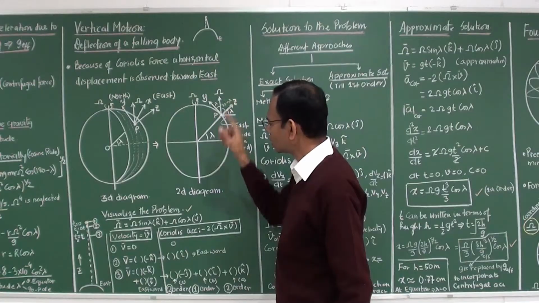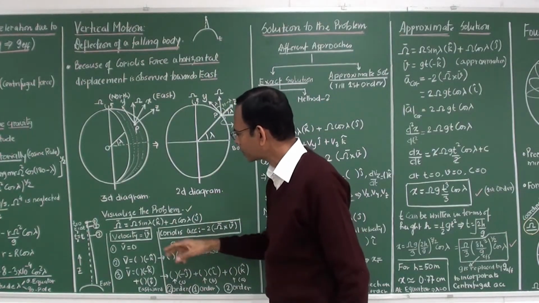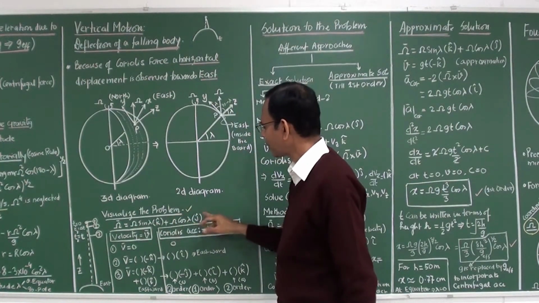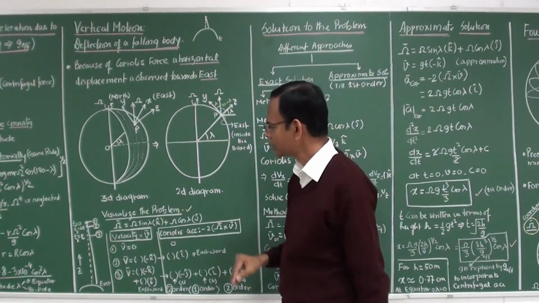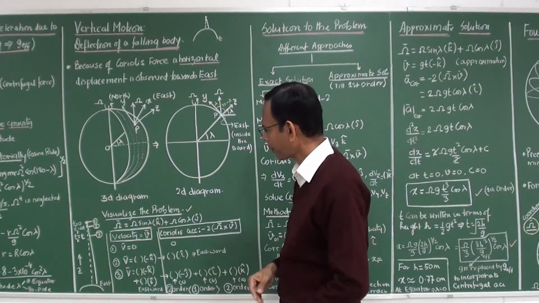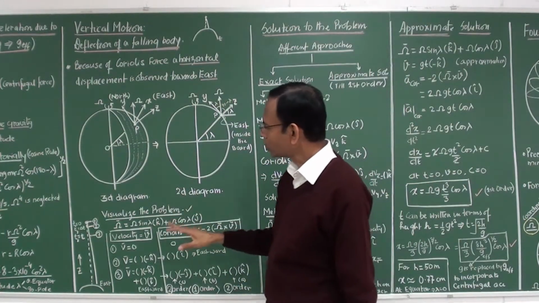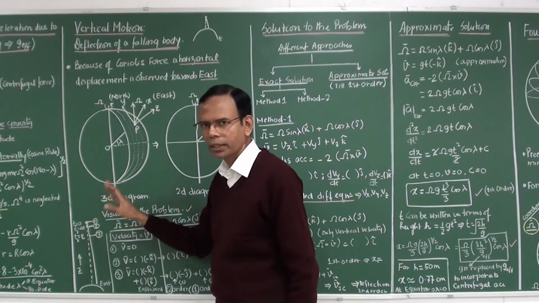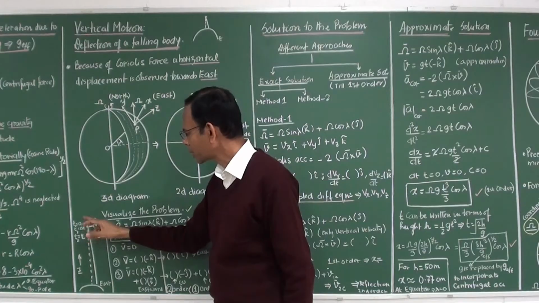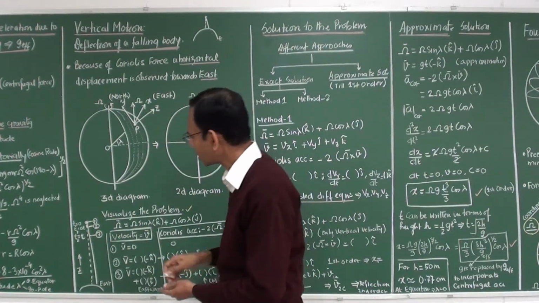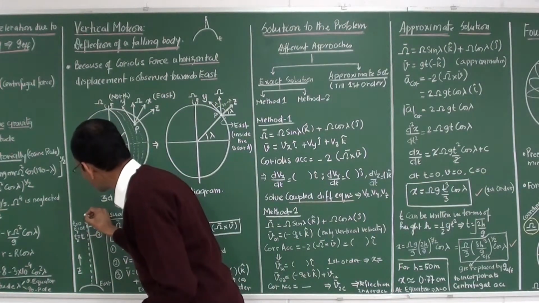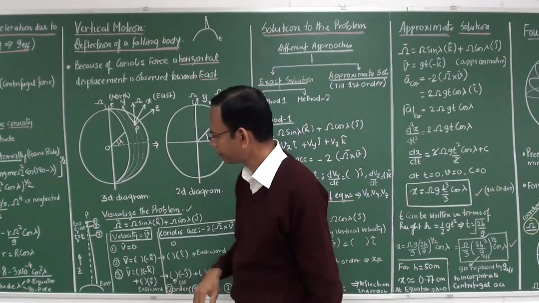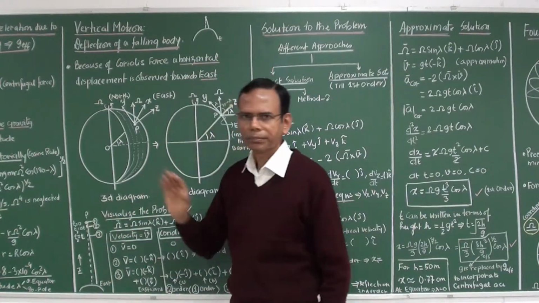The omega, the angular velocity of the earth, which is a vector, is written in terms of k cap and j cap. Now imagine that there is a body at a height h, at some point P, a small mass m, that is falling vertically.